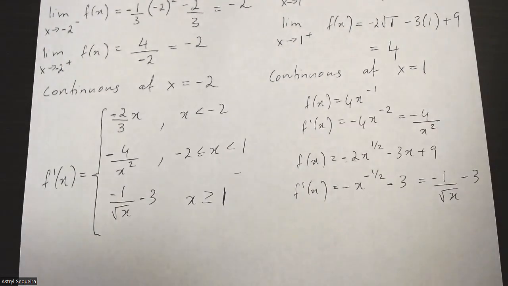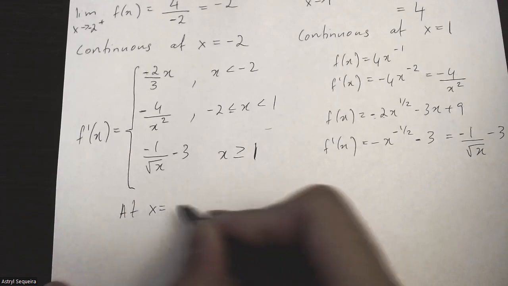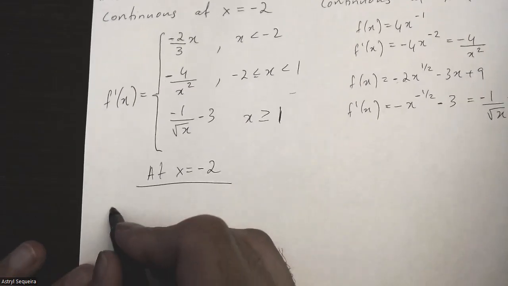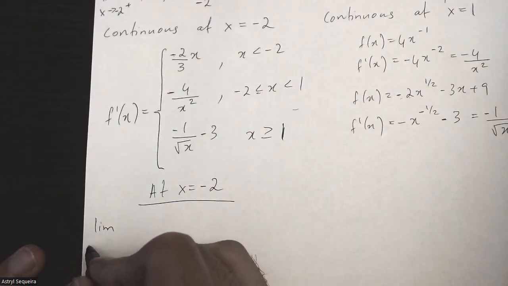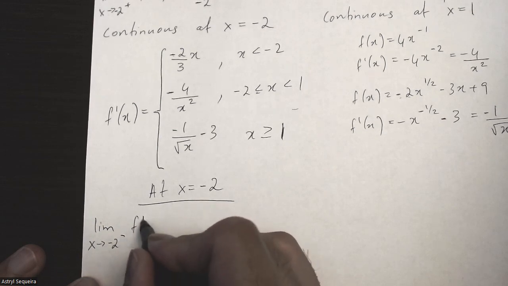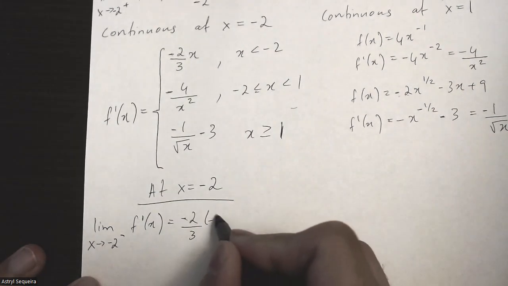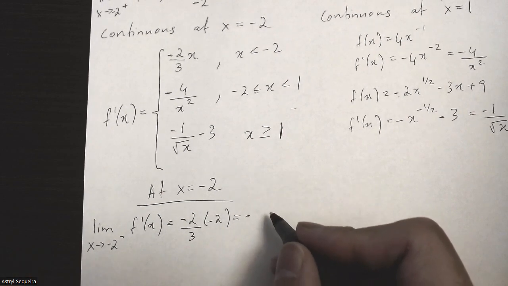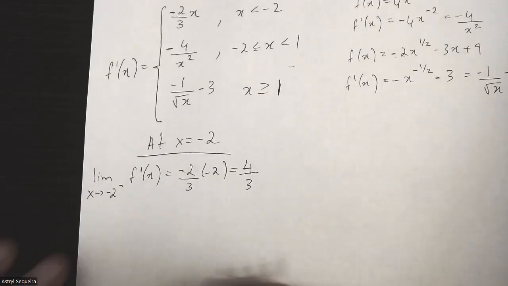So now I've got to test the slopes for these functions. I'm going to start by testing my slope at x equals -2. Let's test the left side first, which is the first function. The limit as x approaches -2 from the negative side of f prime x equals this first function, -2 over 3 times -2, which is +4 over 3. Then let me test the right side.